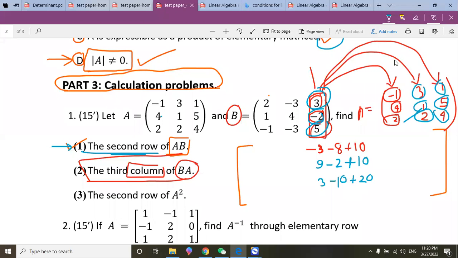So the result will be minus 1, then 17 maybe, right? 17, and then 13.